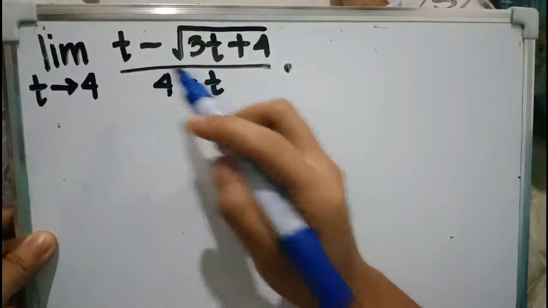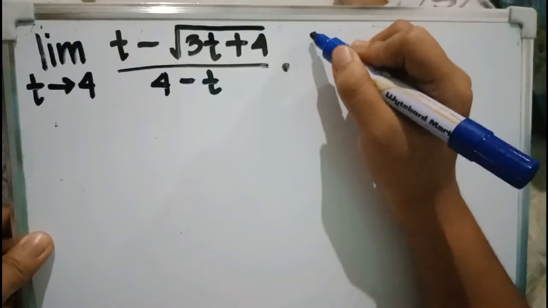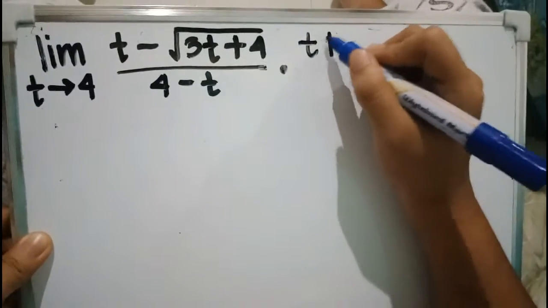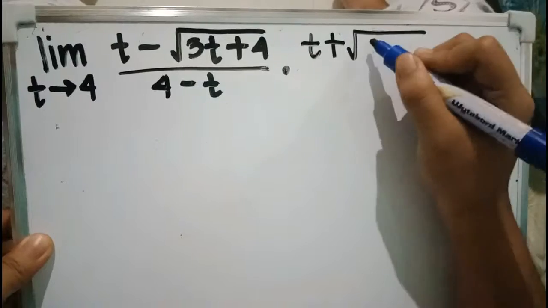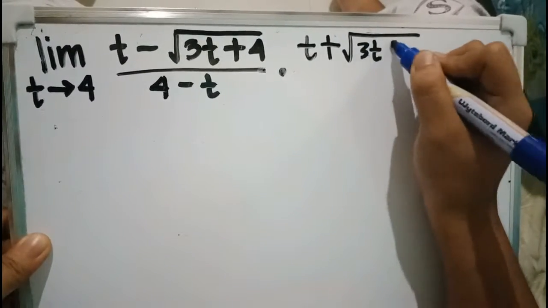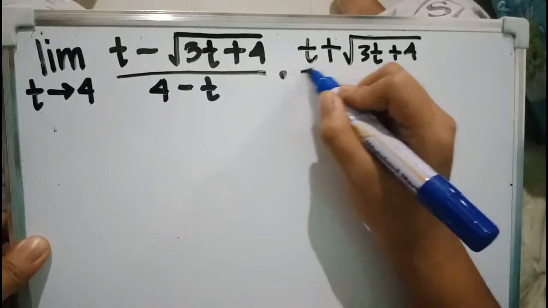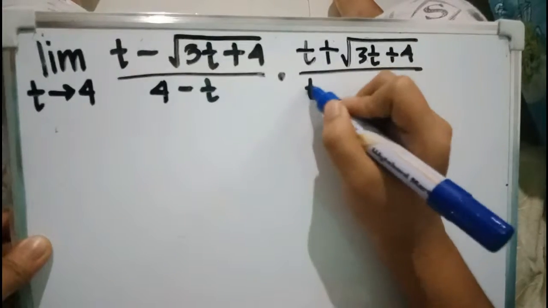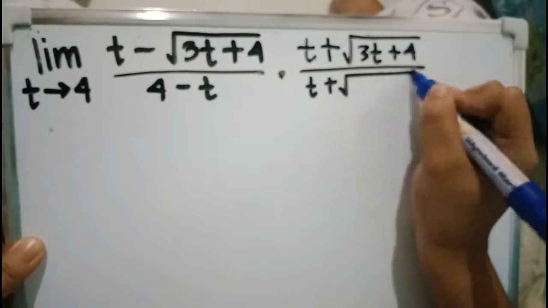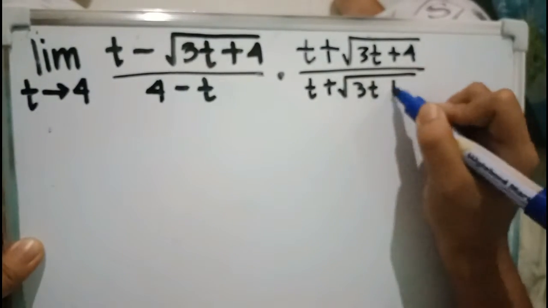And by using that, we're going to multiply the numerator. So it will be t plus square root of 3t plus 4 over the same, t plus square root of 3t plus 4.